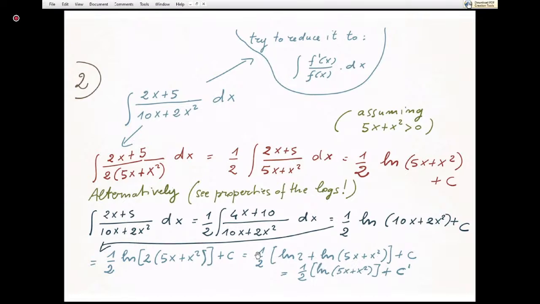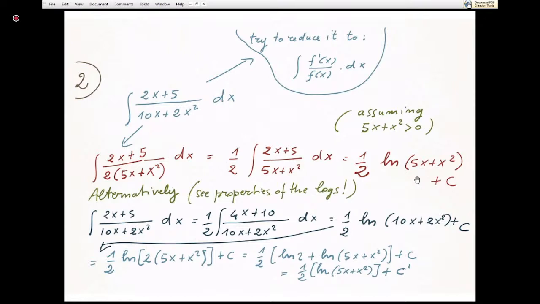So you have here 1/2 log of 2, which is a constant, plus c, plus 1/2 the log of 5x plus x squared, which corresponds to the previous solution. So you basically have the same quantity plus another constant that we call c prime. Since our constant is arbitrary, it's clear that this solution is the same as this one.